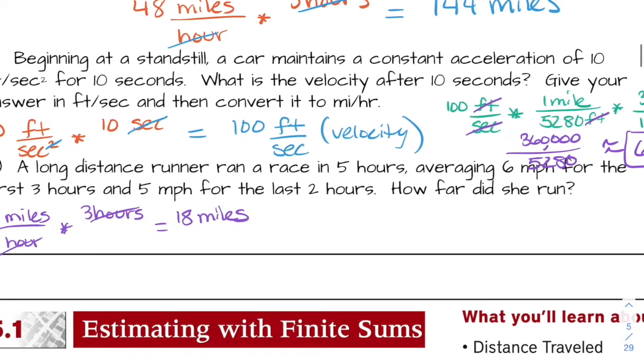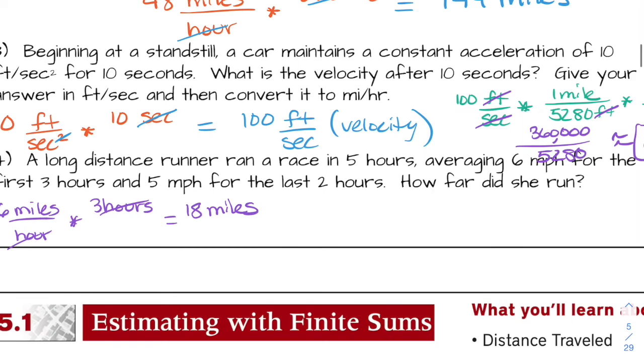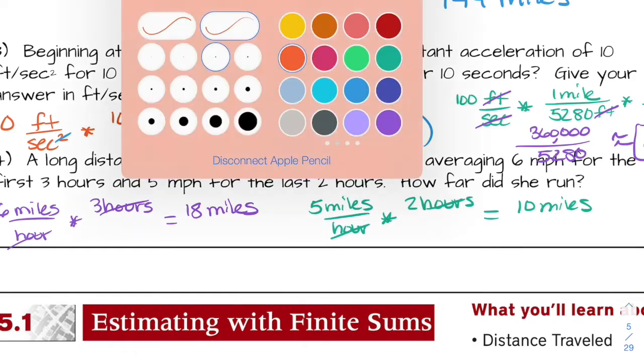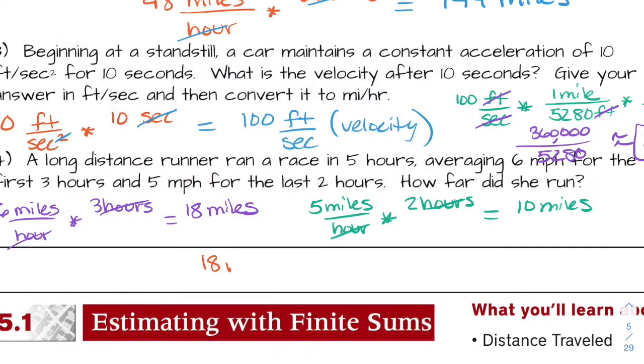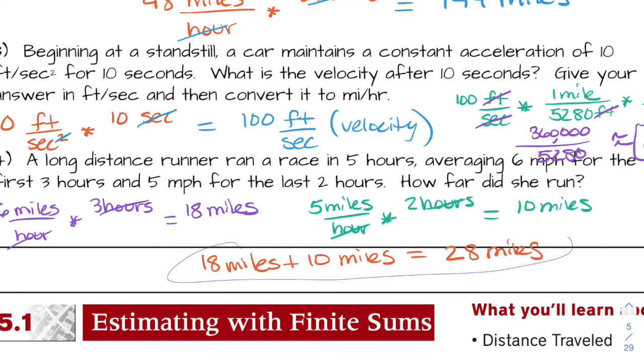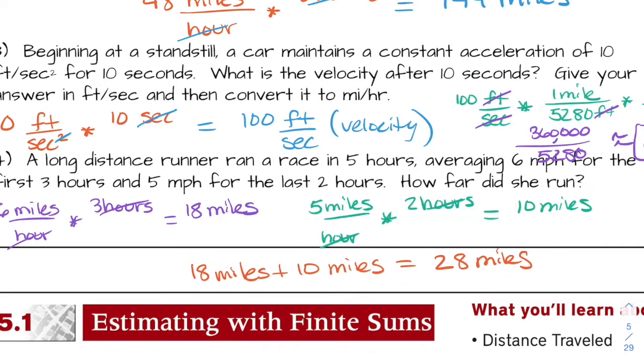And for the last 2 hours was about 5 miles per hour. So we're going to do 5 miles per hour times 2 hours. And that's going to be 10 miles. So together, we have 18 miles plus 10 miles equals 28 miles. So this runner ran 28 total miles in this particular race.